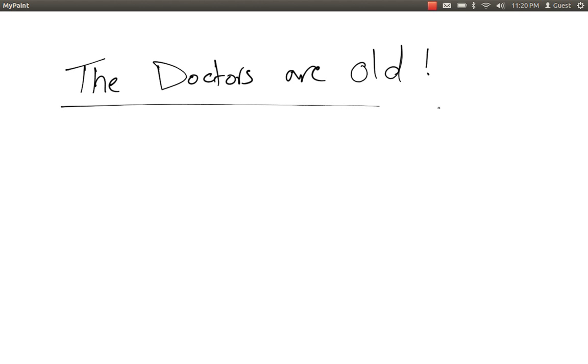Next example. Let's take the doctors are old. Okay, and for that, the translation would be, the word for doctor is tabib. Tabib.